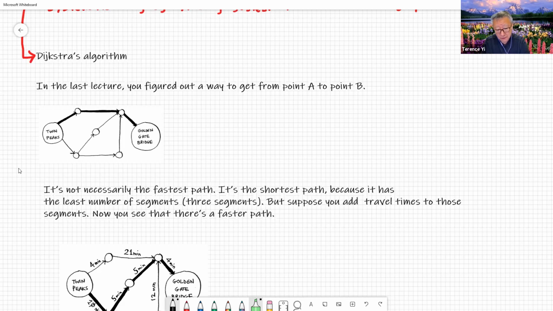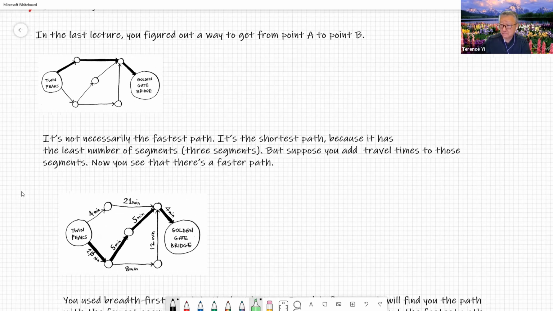So when we look at this graph, that will be the shortest path to the Golden Gate Bridge. But as I mentioned, it's not necessarily the fastest.